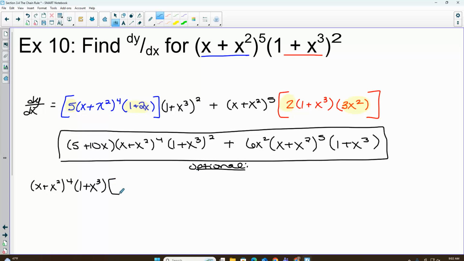So if I took that out, I have a 5 plus 10x. I took out all of these, and I would have a 1 plus x cubed left. In this one, we have a 6x squared. And we have one of these left. And I took out my 1 plus x cubed.